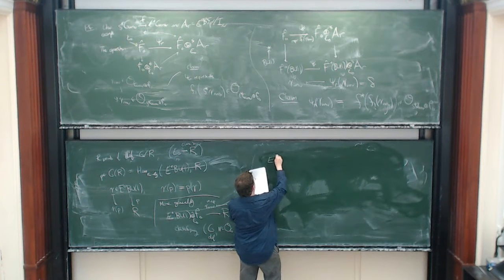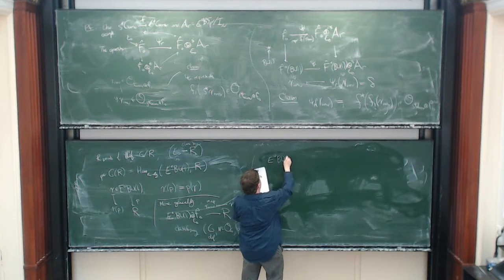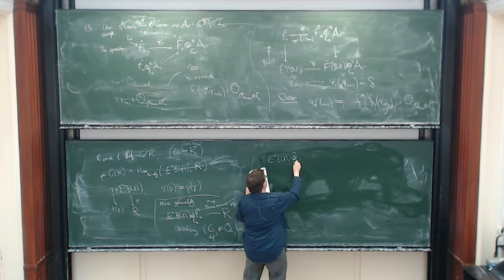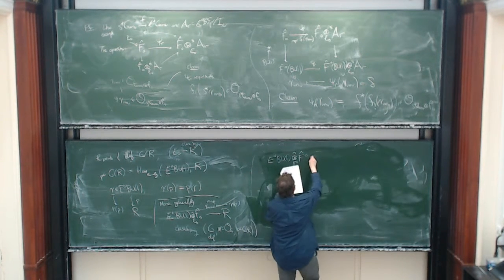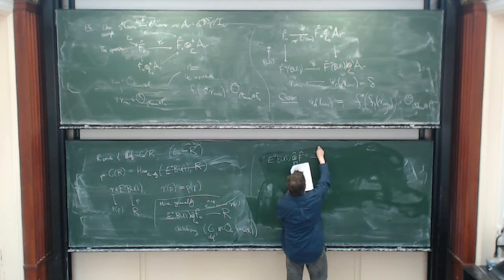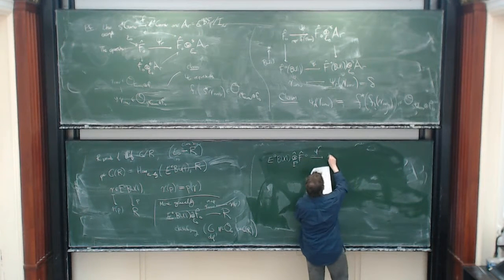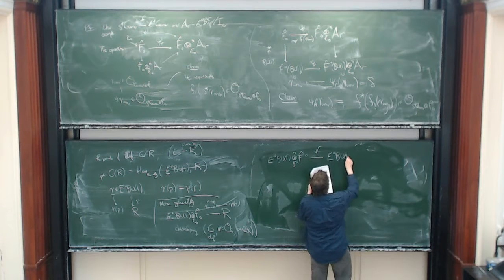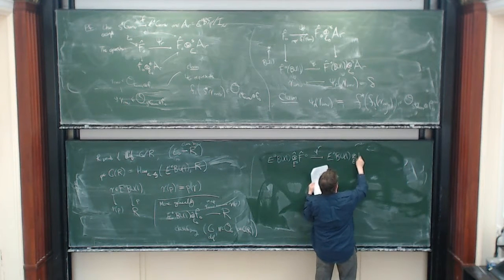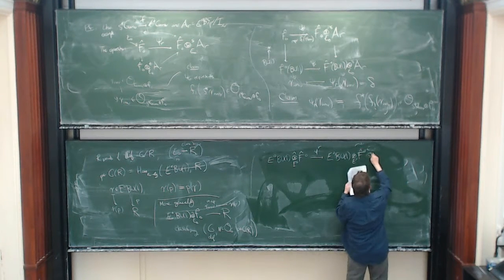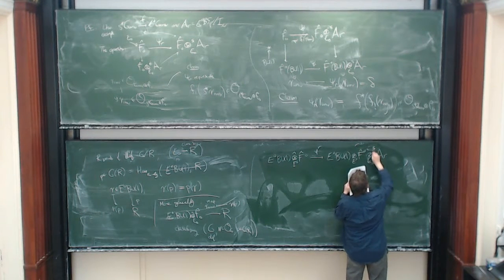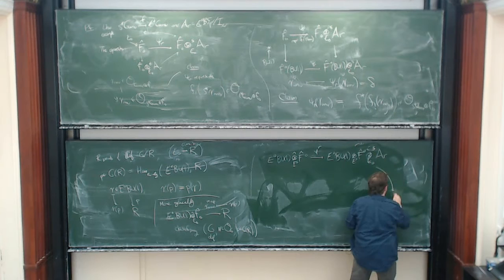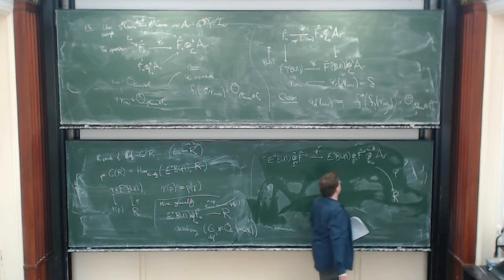I'm going to break up F0 hat of BU1 into a tensor product. Here's psi r. Here's F0 hat of BU0 again, but now I'm going to tensor it up to AR. And now suppose I give myself a ring homomorphism.